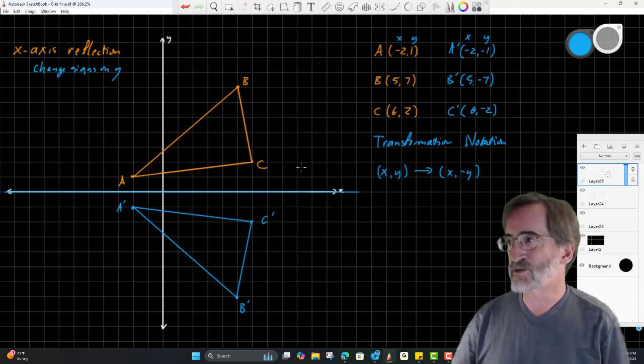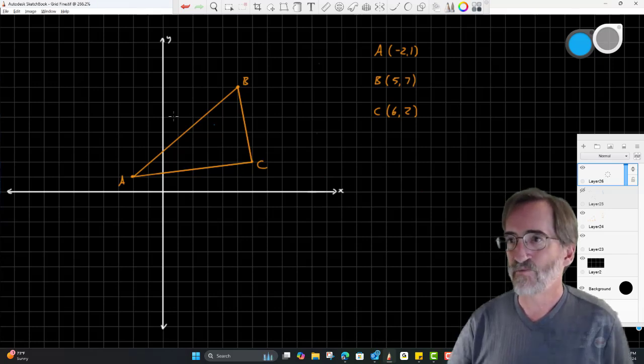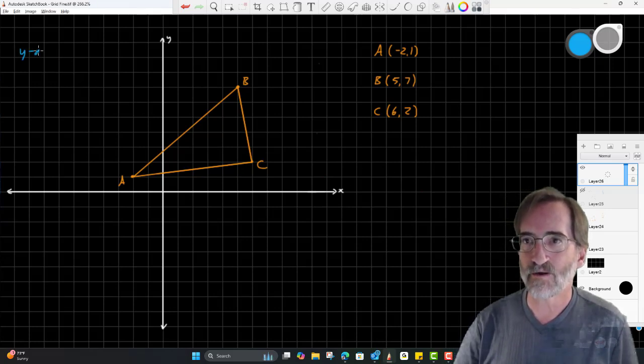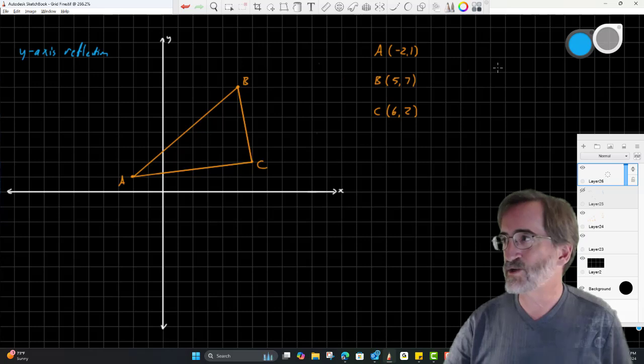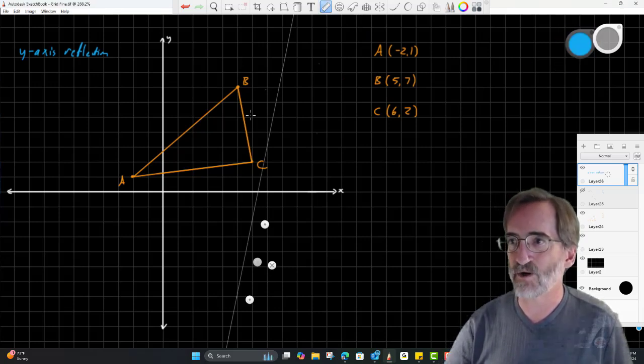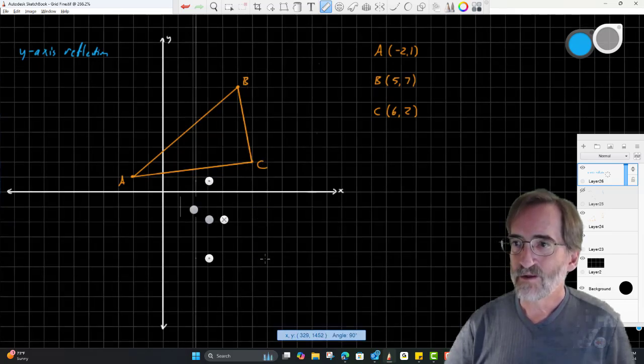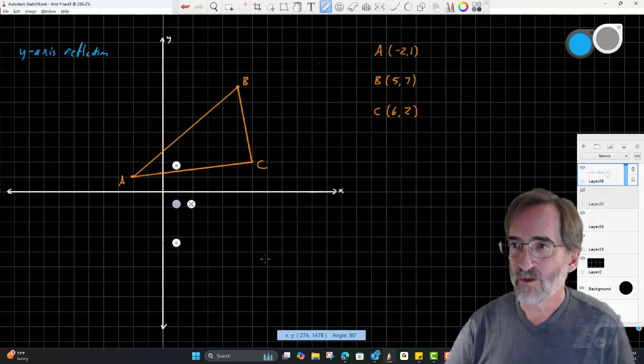All right, let's go ahead and do the same thing now for a y-axis reflection. Okay, what we're going to do is we're going to treat the y-axis as a mirror to reflect across. So this is our mirror.